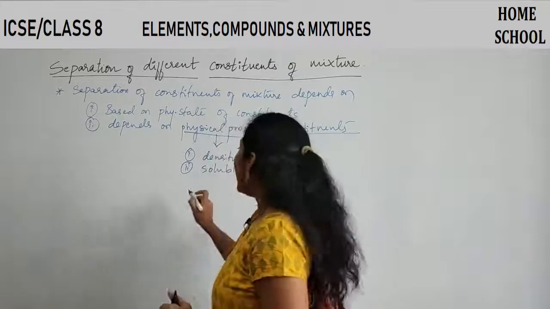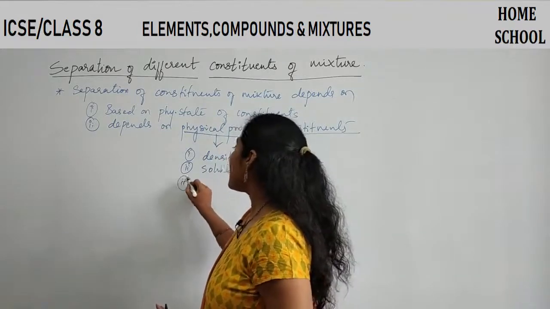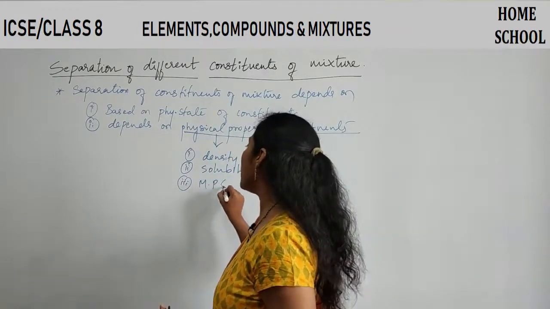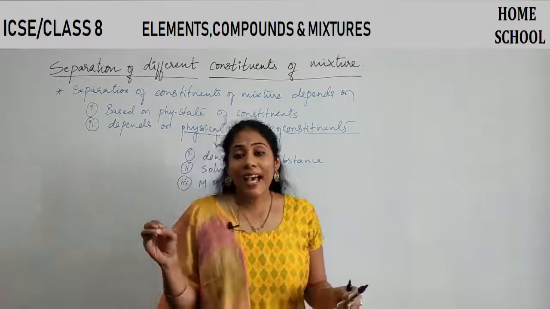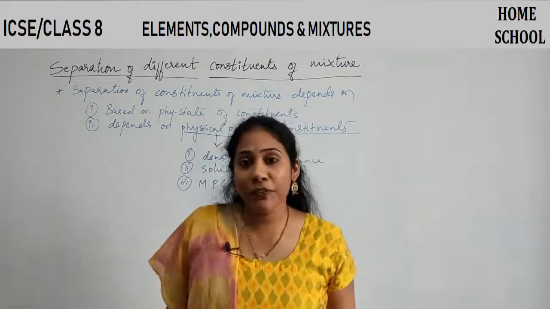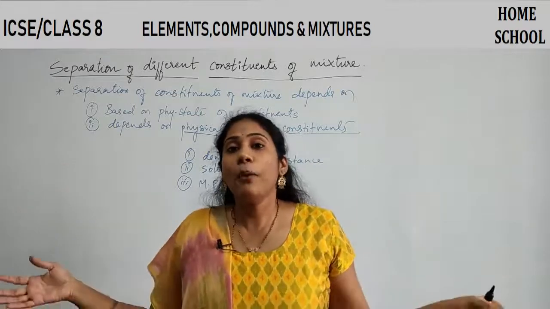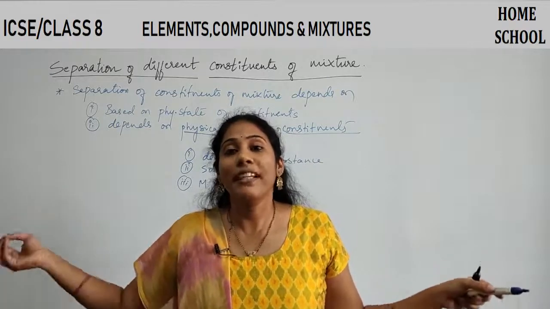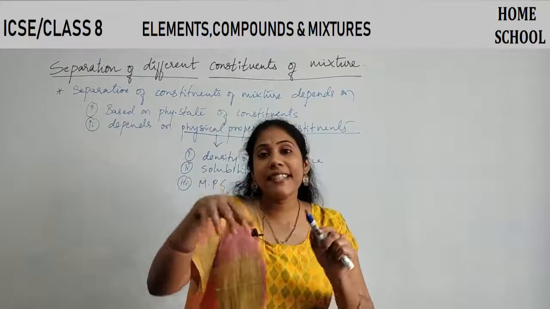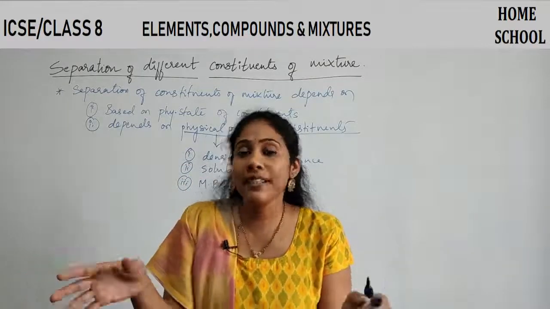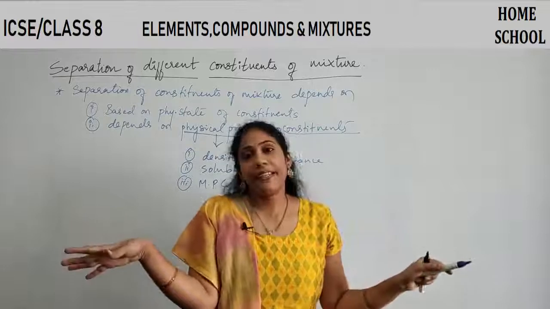Clear? And the third one is melting points and boiling points. Say one component has a boiling point around 50 degrees centigrade. The other component has a boiling point around 100 degrees centigrade. If this much difference is there in the boiling points of components, you can easily separate them, guys.